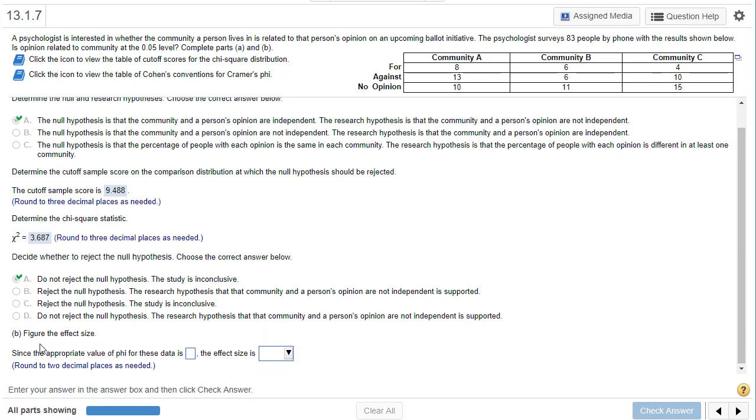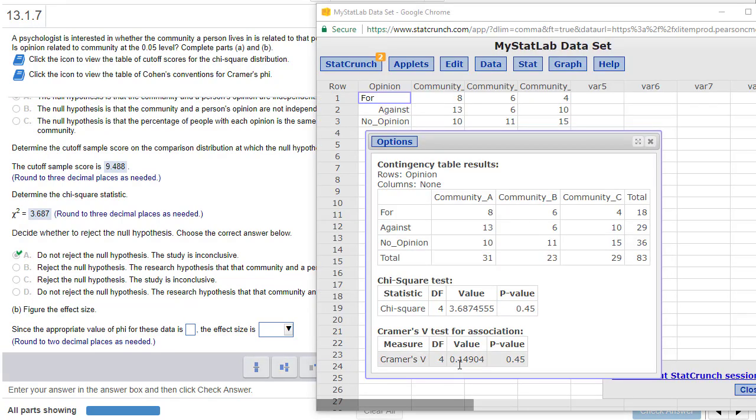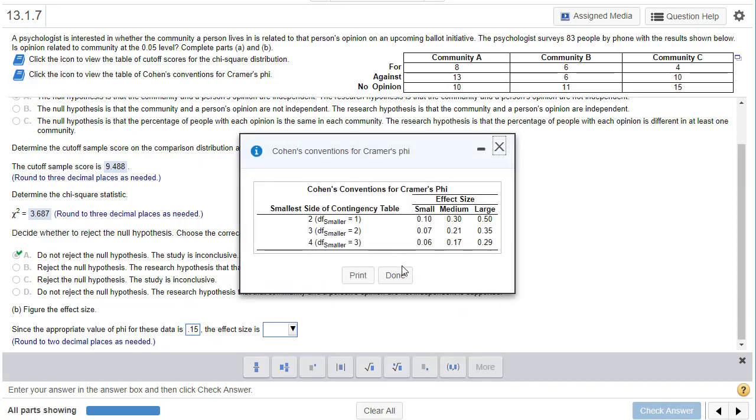Okay, and we haven't talked a lot about effect size in here. It is that phi value which I computed, the Cramer value. That Cramer value is 0.15. So is that a high value, a low value? They're giving you a table here to figure this out.